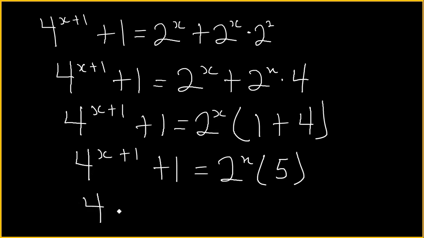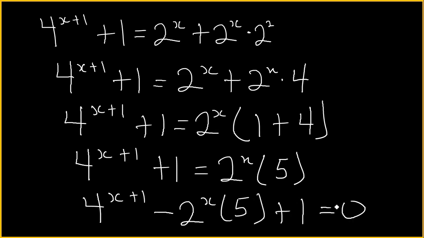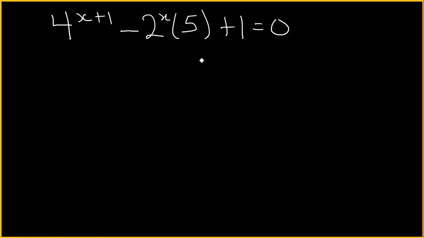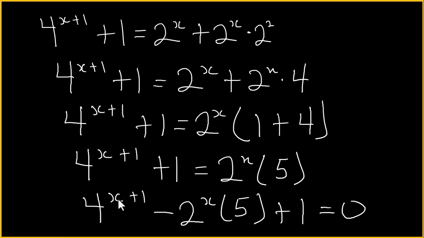4 raised to the power x plus 1, minus 2 raised to the power x by 5, plus 1 equals 0. So let's move back and then check. 4 raised to the power x plus 1 minus 2 raised to the power x by 5 plus 1 equals 0.